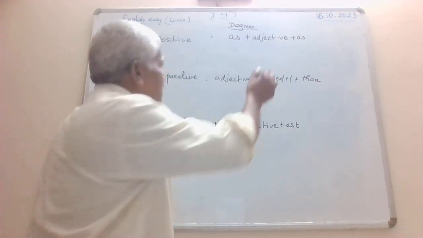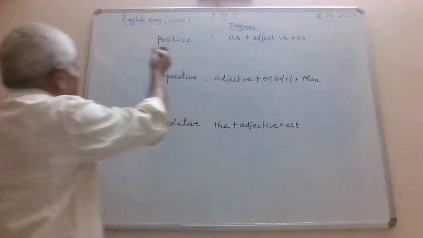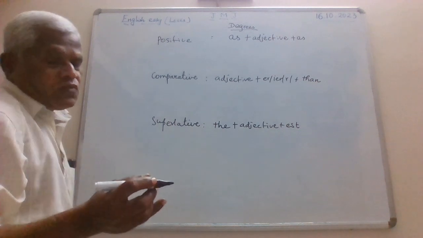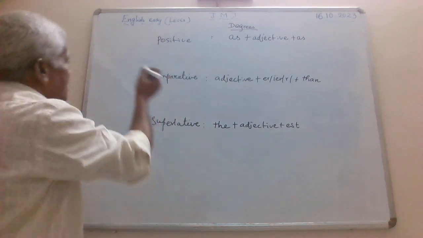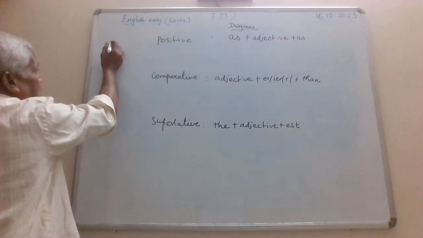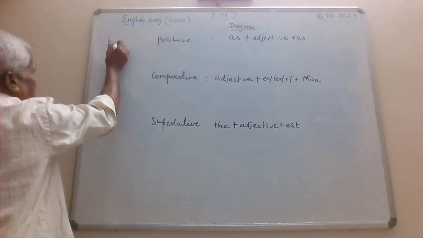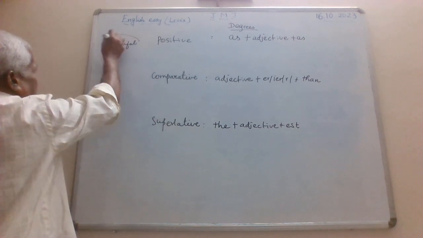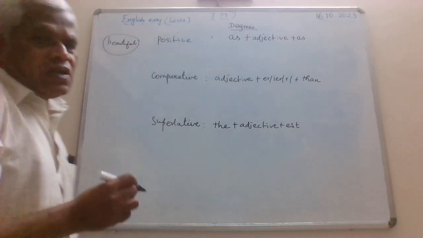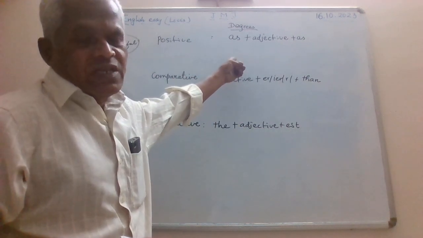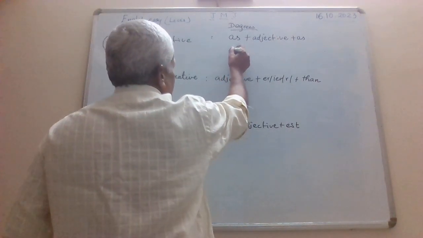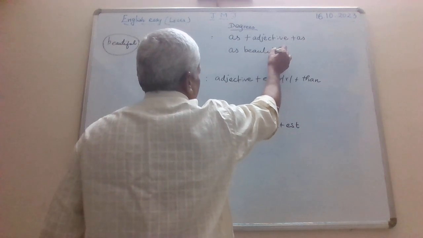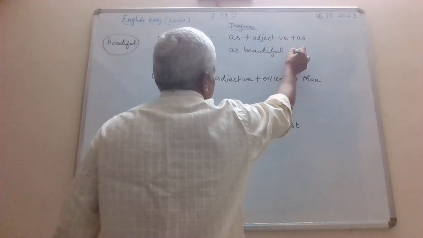So let me give an example. Let's take an adjective. What kind of an adjective can you say? Say for example, beautiful. Okay, so beautiful is the adjective. Now how are we going to write in positive degree? We write as beautiful as.